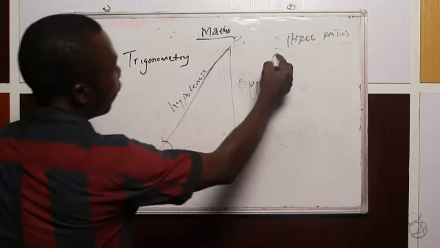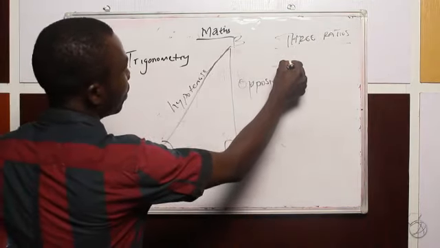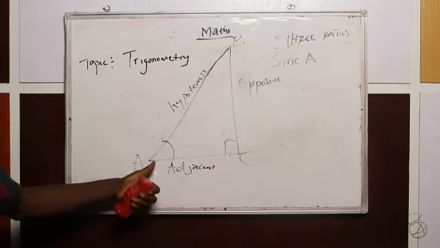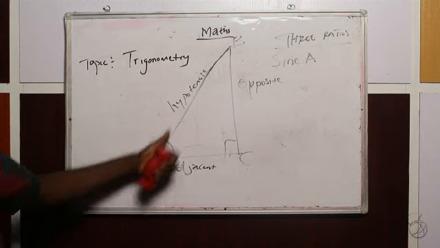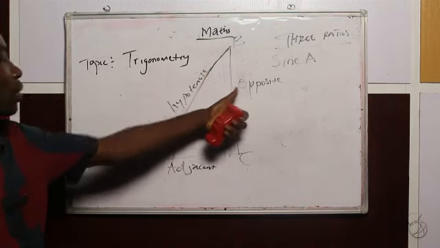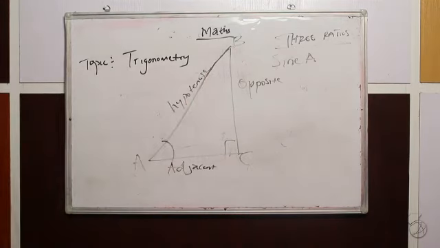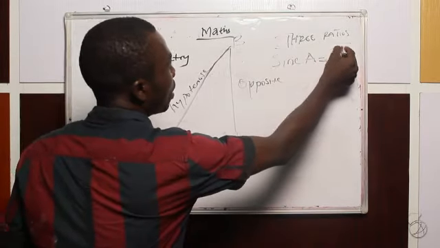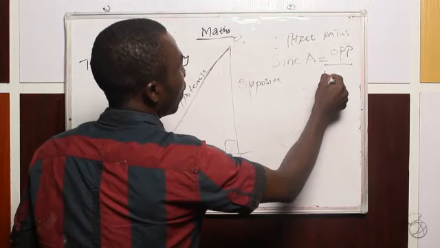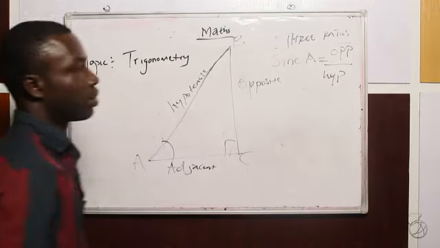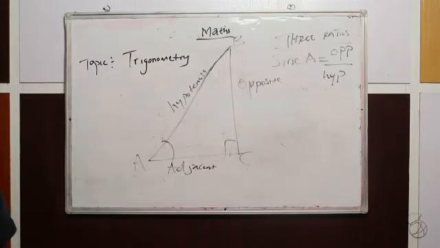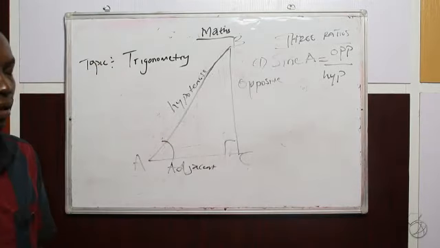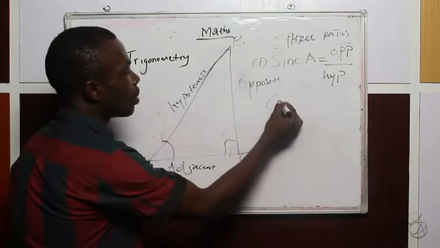This gives us what is called sine A, because angle A has the ratio between opposite and hypotenuse. Sine A is equal to opposite over hypotenuse. We also have another ratio to be considered.